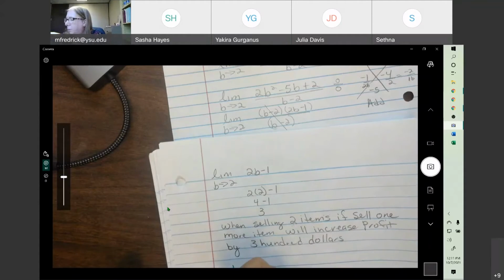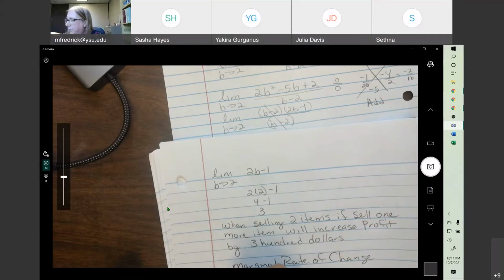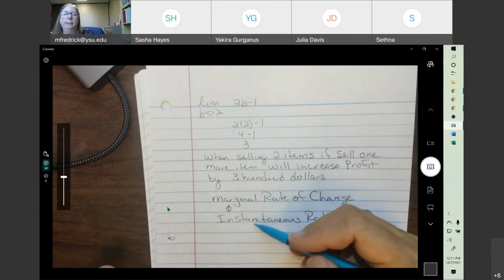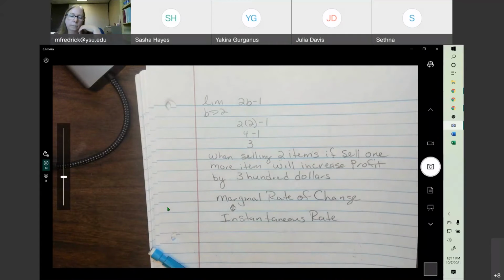But if you see marginal rate of change, that's the same as instantaneous. So they mean the same thing, marginal and instantaneous. Is there any questions on that?